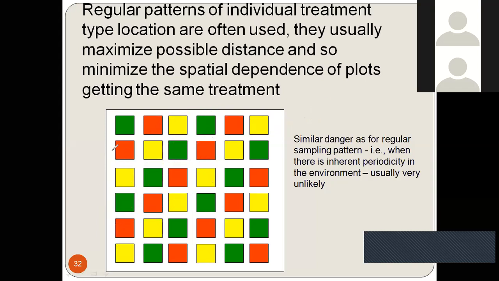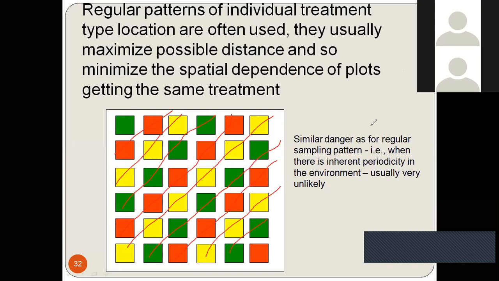You see, this is like one treatment, second treatment, third treatment, again first treatment, second treatment, third treatment, again first, second, and third treatment. So there's a pattern, and this is not good in terms of randomization.